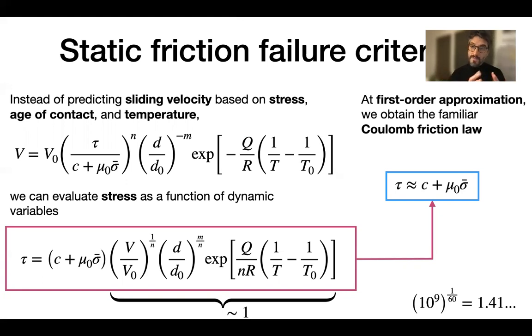However, these terms are all raised to an exponent of 1 over n. N is very large, and any number that is raised to a small power converges to 1. So essentially, the constitutive law captures the familiar Coulomb friction law simply with the yield strength modulated by 3 dynamic variables.